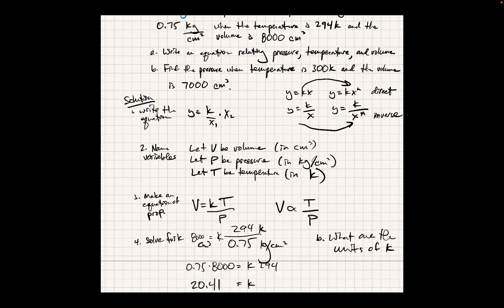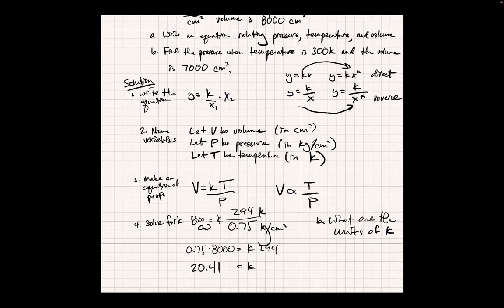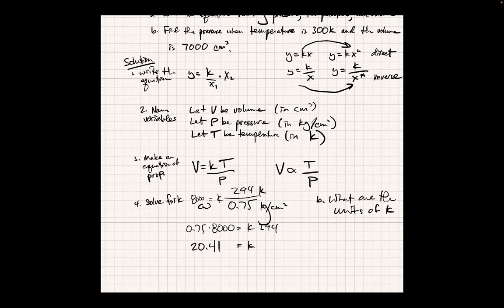Multiplying centimeters squared, it's gonna be kilograms, centimeters per Kelvin. Okay, so that's K. What's our next step? As a side note, you could be asked to give the units of K, and we would just figure it out from this equation.